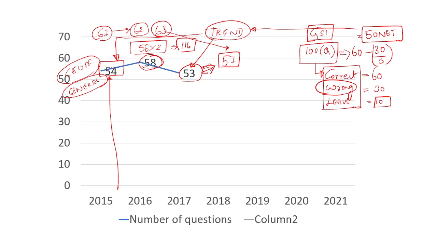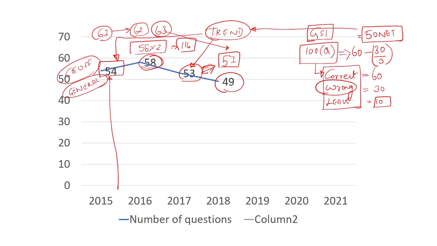Why? Because, as I told you, 2018 was a tough paper for all, and hence the cutoff decreased to 49. From 53 the cutoff became 49. My mark was reducing from 61 net, which I used to get, by 4 to 57, 56.